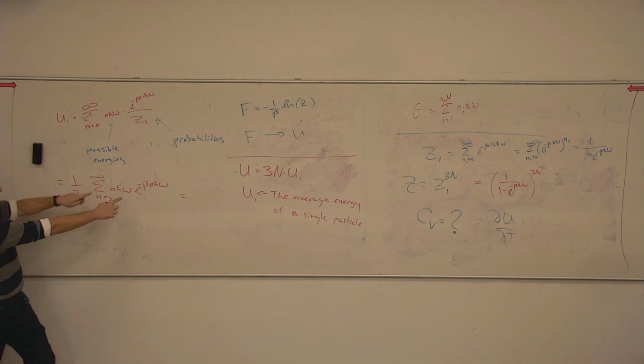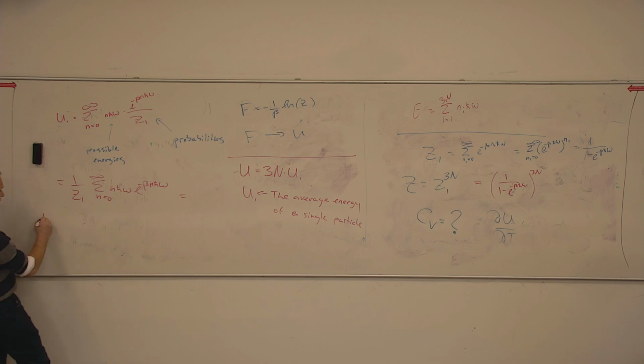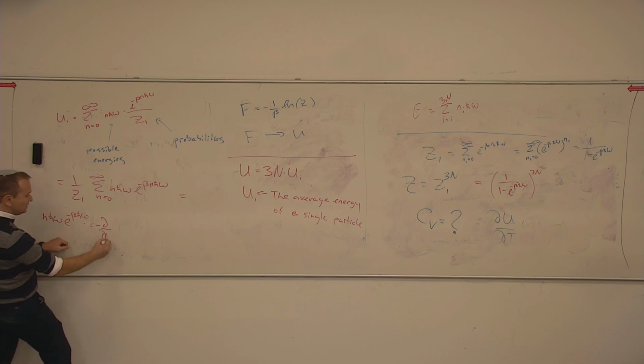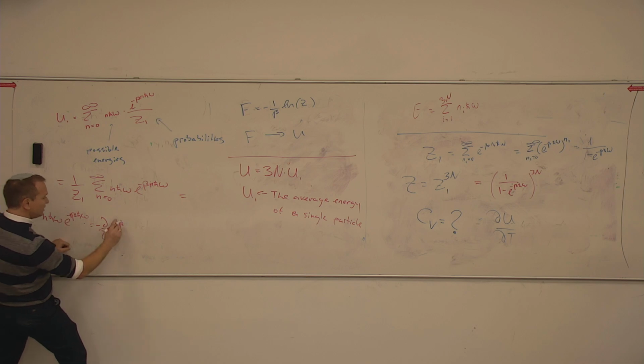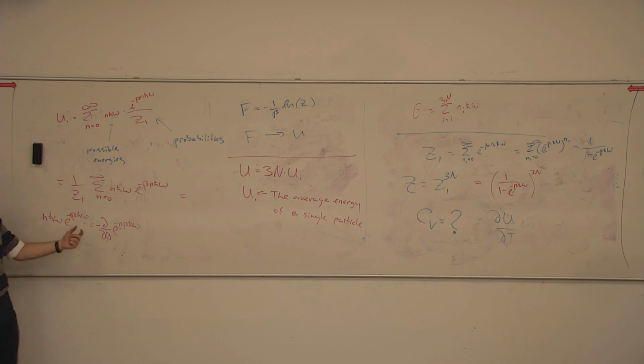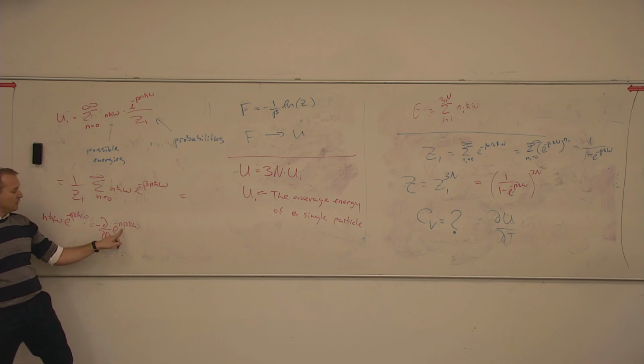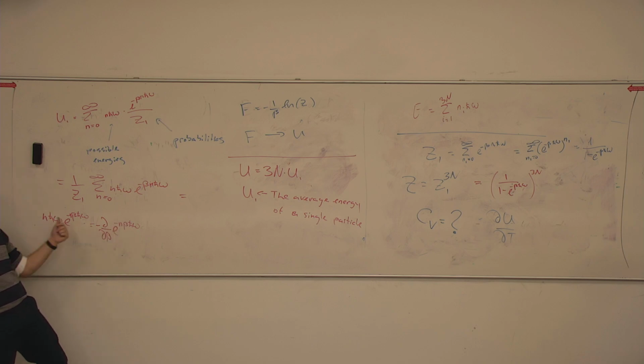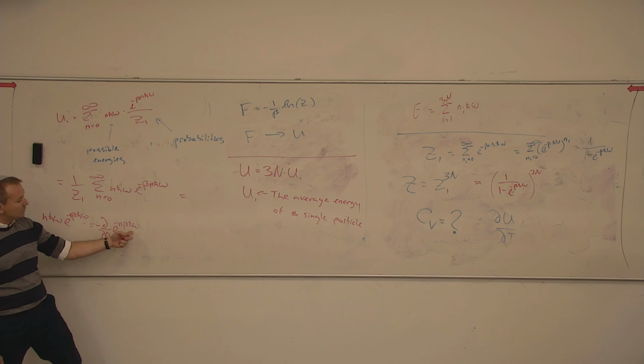When I look at this thing, I notice that n h bar omega e to the power minus n beta h bar omega is exactly minus d by d beta of e to the power minus n beta h bar omega. Take the derivative with respect to beta of this: the exponent comes downwards, so it kills the minus, and we also have n h bar omega.